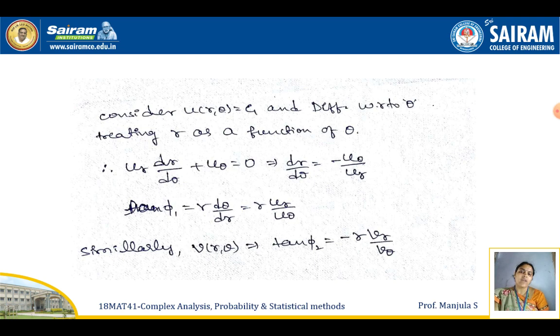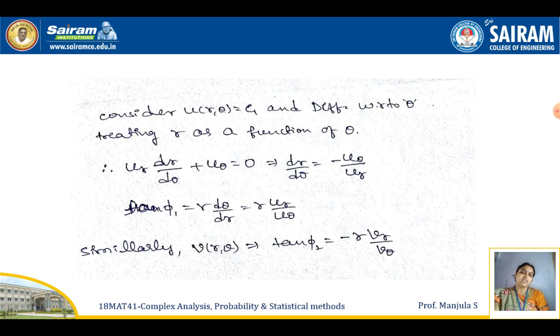Tan phi, as already defined, is r into d theta by dr. So using the first curve u of r comma theta, we can get the value of tan phi 1, which is r into ur divided by u theta.